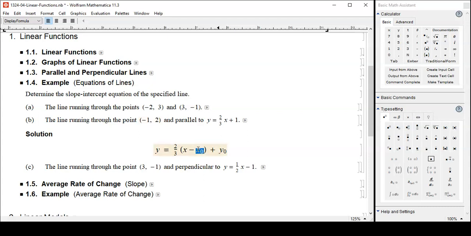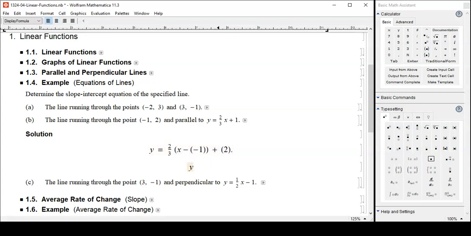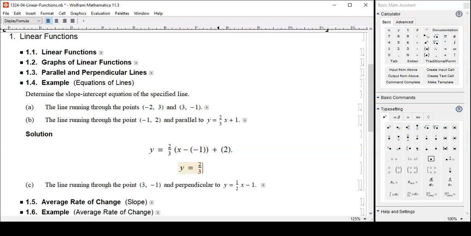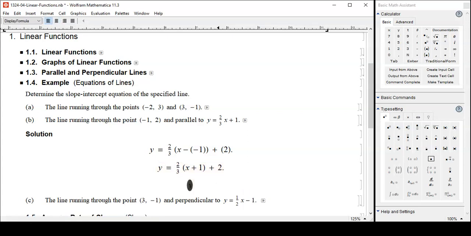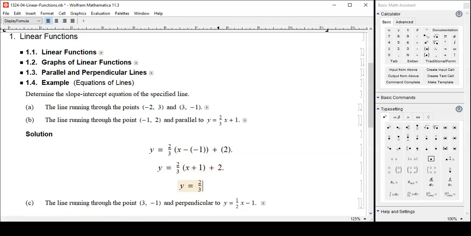Right here, x0 is -1, and then y0 is 2. There you go. All you have to do is to simplify this. y equals 2/3 (x plus 1), and y equals 2/3 x plus 2/3 plus 2, but then again 2 is 6/3, isn't it?